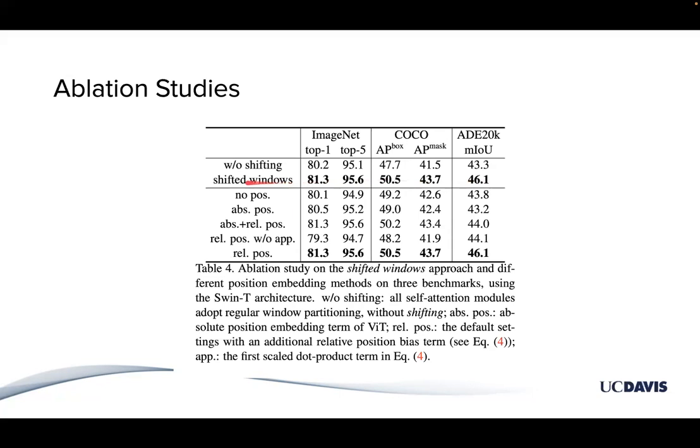Across the board, shifted windows gave better accuracy, and using relative position gave better accuracy instead of using no relative position at all, across all tests and all datasets.